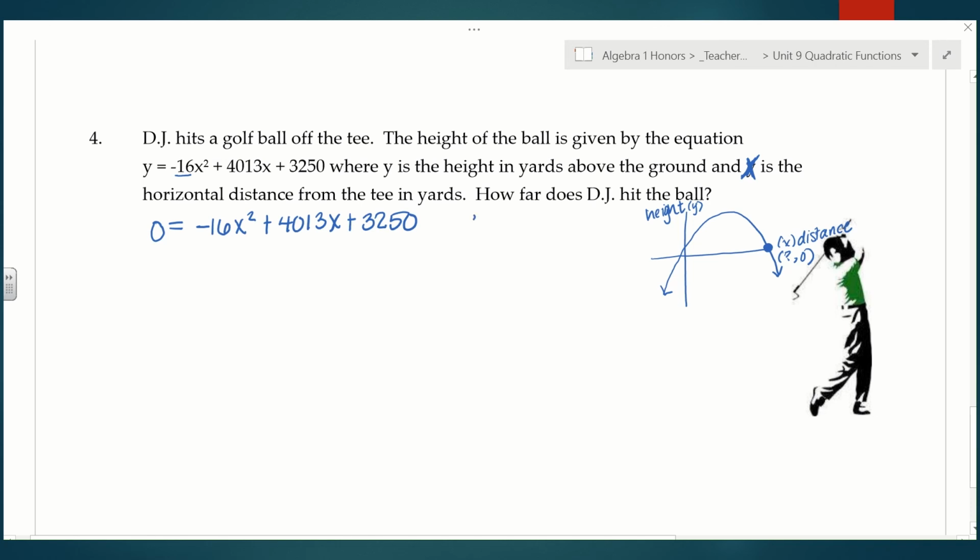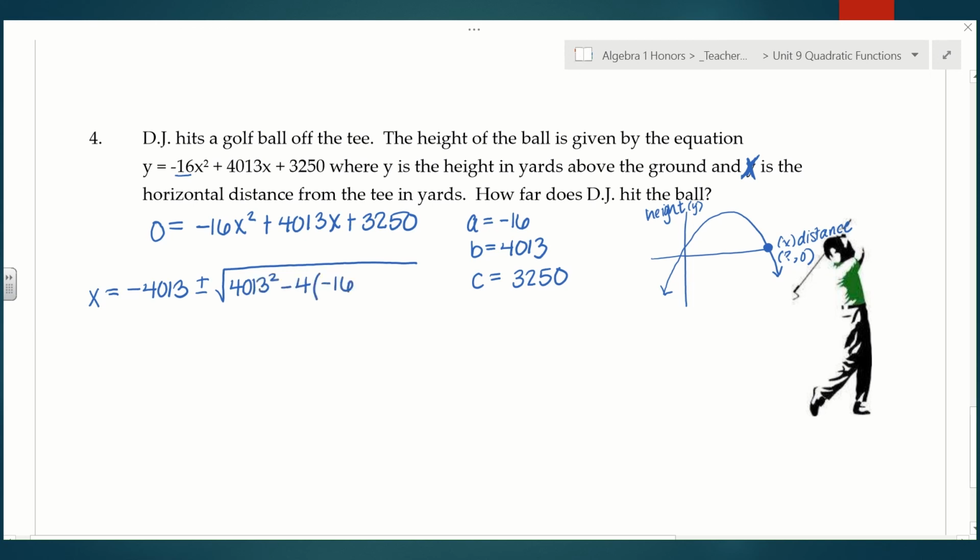If I'm going to do quadratic formula, let me list over here my a, b, and c. So a is negative 16, b is 4013, and c is 3250. Remember, your quadratic formula is negative b, in this case negative 4013, plus or minus the square root of b squared minus 4ac, all over 2 times a.